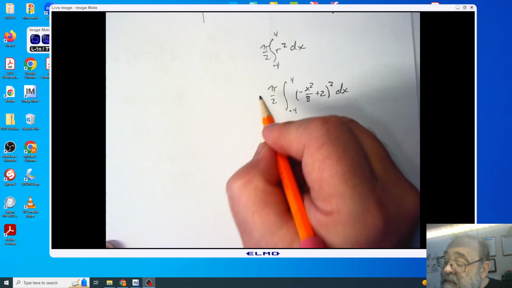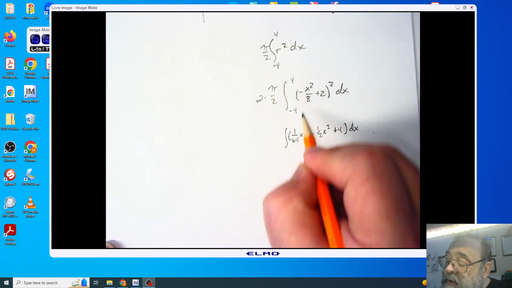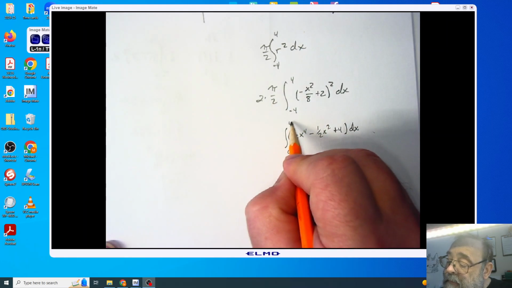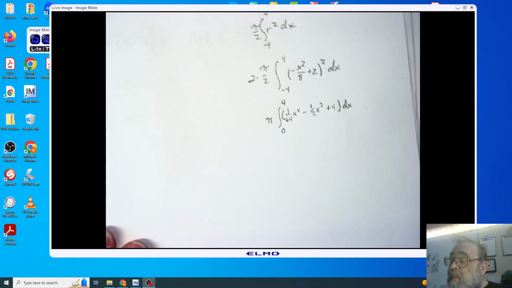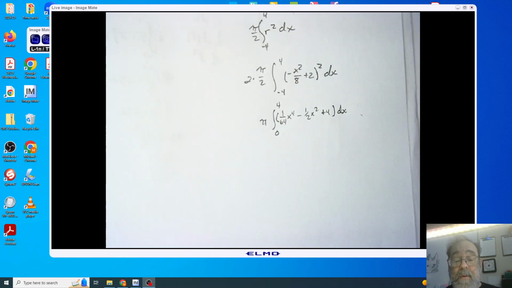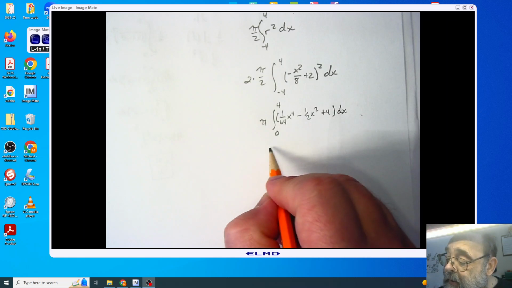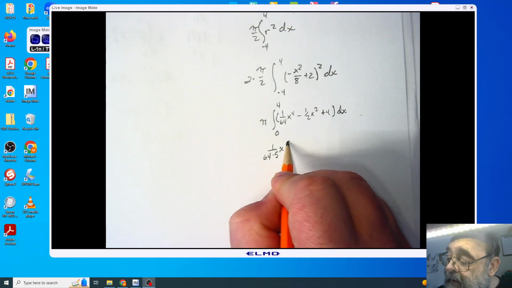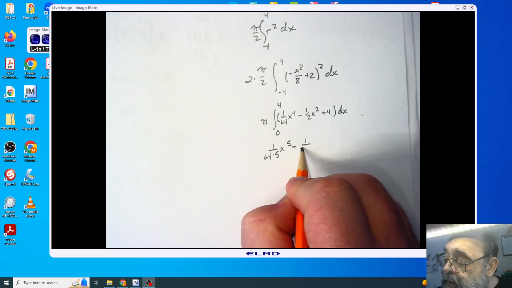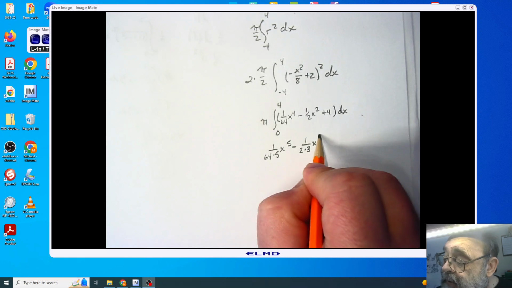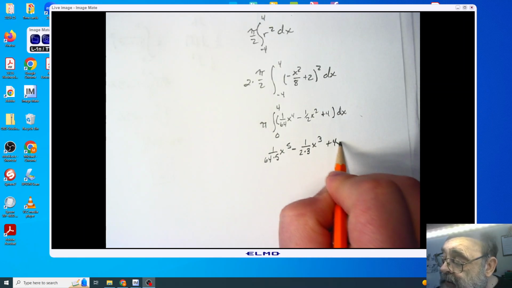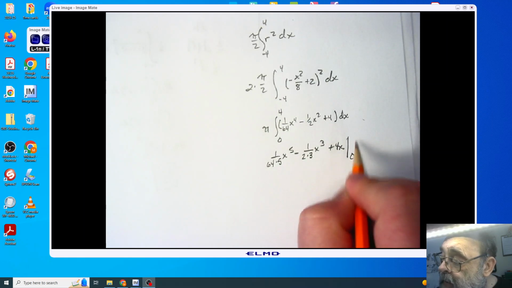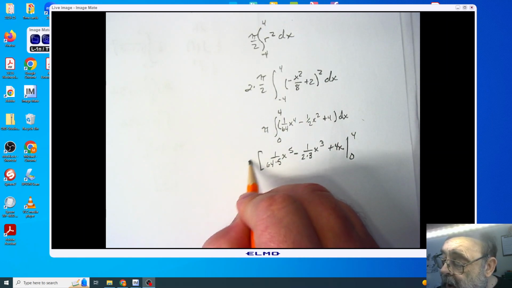I'm going to use my even power rule to multiply it by 2 and take it from 0 to 4, and it now only has pi in front of it. And I begin my integration. So 1/64 times 1/5 x to the 5th minus 1 over 2 times 3 x to the 3rd plus 4x, and I'm going from 0 to 4 multiplied by pi.